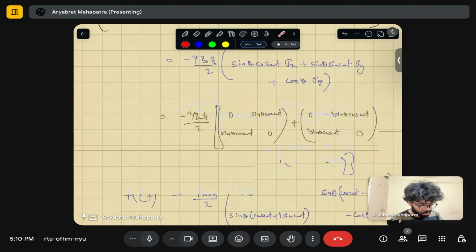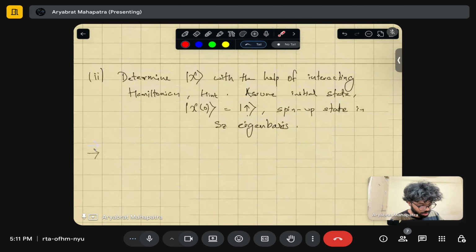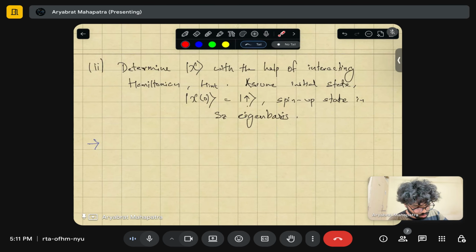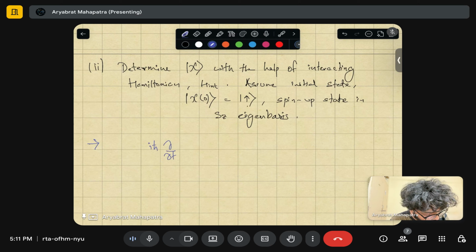So first you need to calculate H_I. To determine chi, we have to solve del by del t chi of t equals H_I chi of t.